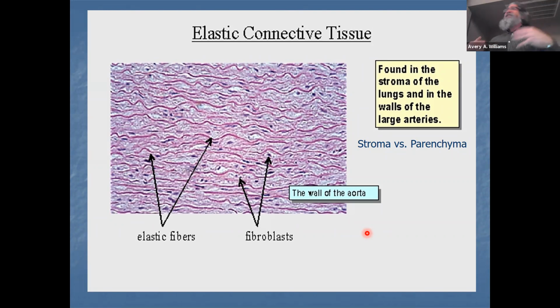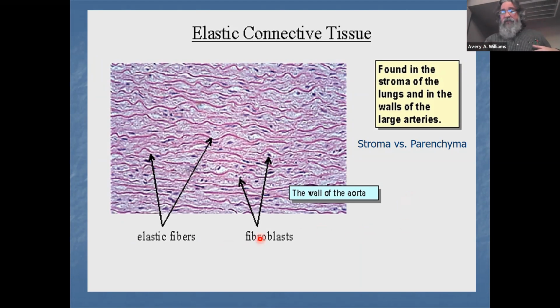It's just elastic fibers by themselves, kind of like reticular connective tissue. Remember, reticular connective tissue is a loose connective tissue, but it's just reticular fibers. It's just collagen fibers, but loosely arranged. Well, this is kind of in the same category. It's barely a connective tissue because it's just elastic fibers by themselves.